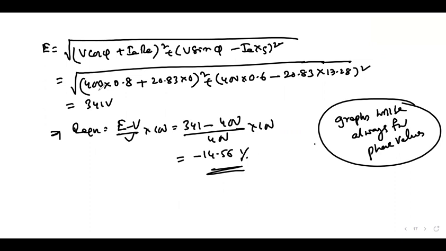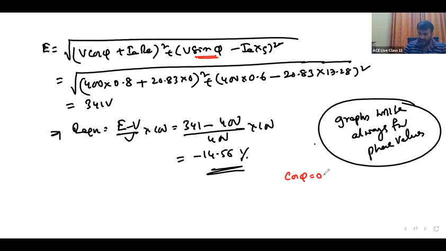But sir, that 0.6 you have taken here, sine phi. Here leading 0.8 lagging, 0.8 leading power factor. Sine phi is equal to 0.6 only. Cos phi is 0.8, that's the reason I am taking sine phi. But sir, how am I not getting that 0.6? Cos phi is given 0.8, leading is given.